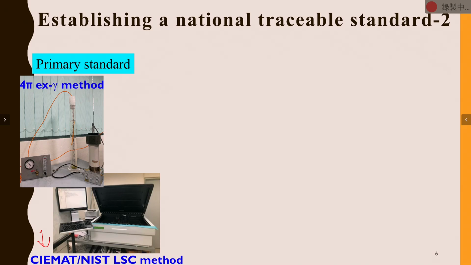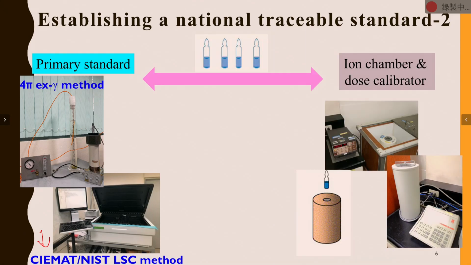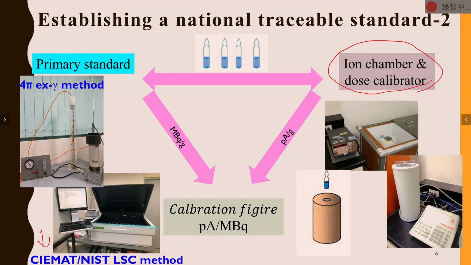After establishing the primary standard, the standard was transferred to the 4-pi gamma ion chamber or dose calibrator, which is the secondary standard system. This allows determination of the calibration factor by combining the primary standard result and the ion chamber calibration result.